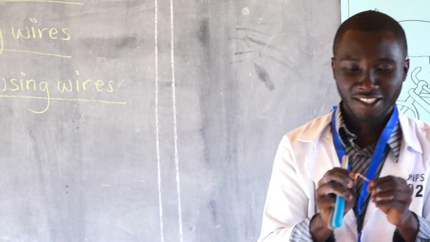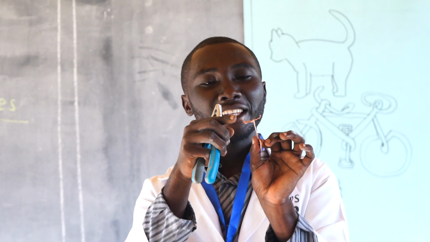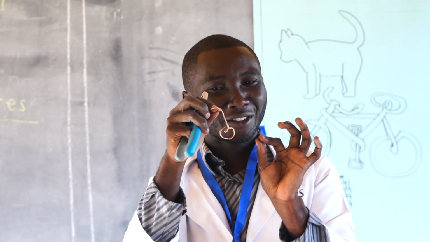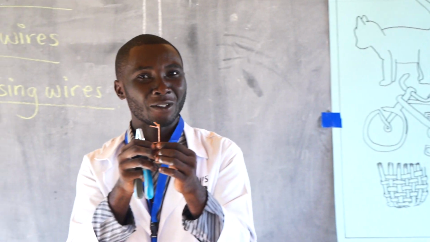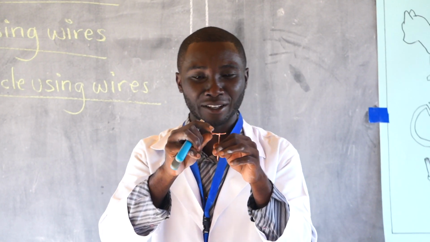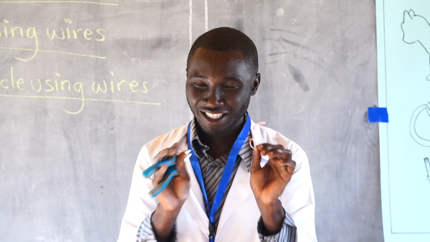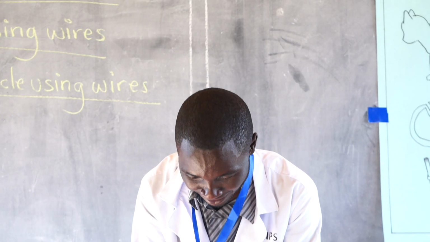Okay, as you can see, we have already made the front wheel and the handle. The first step, as we say, is folding the wires to make the handle and the front wheel. Step number 1, we have done it.